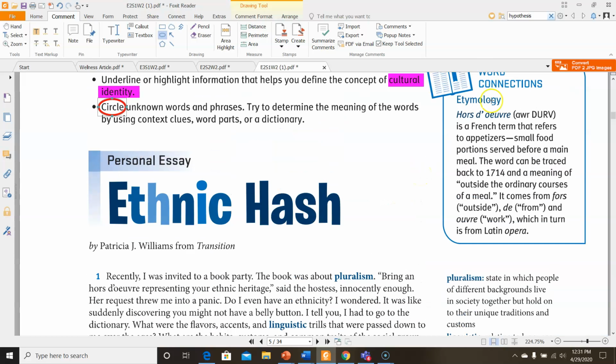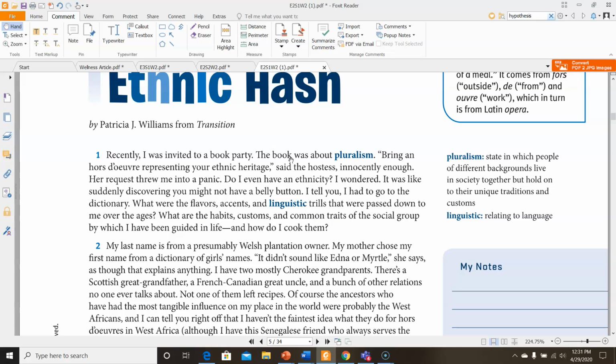So I want to point out right here some of these word connections. So we have hors d'oeuvre, which is a French term that refers to appetizers, so the small portions you get before your meal comes. I also wanted to talk about the word hash and what hash means. It's usually talking about like a bunch of different foods blended together and cooked, kind of like a casserole or something of that sort.